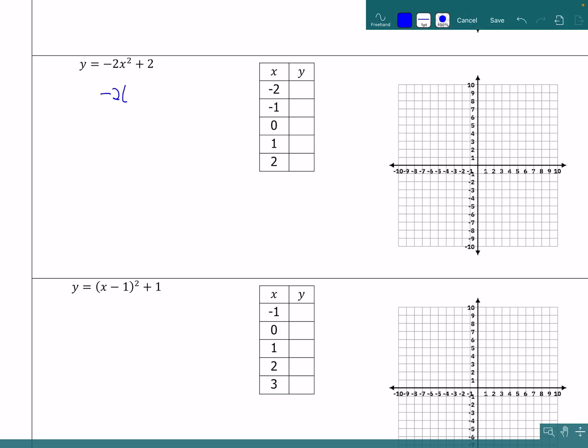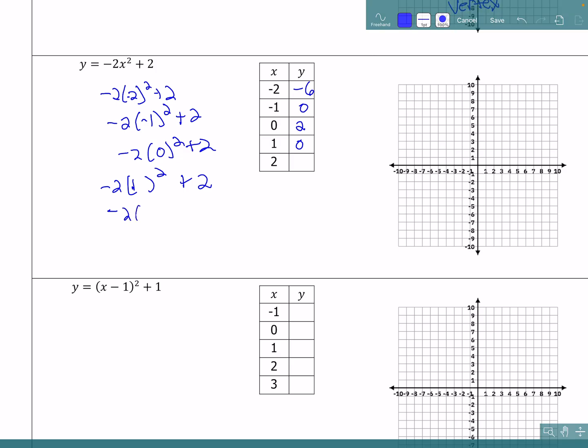So we have negative 2 times 2 squared. And we get negative 6. Then I'm plugging in negative 1. Sorry, should have put a negative there. And that gives me 0. Now I'm going to plug in 0. And I get 2. Plugging in 1 gives me 0 again.